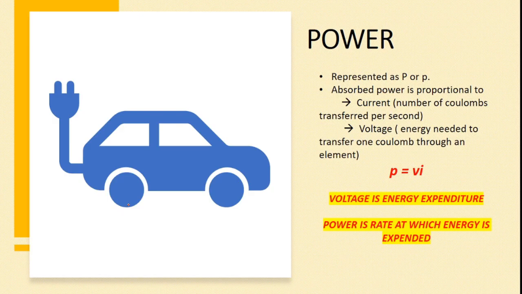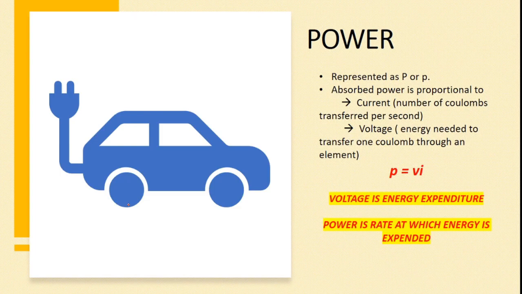Power is the speed or the fastness at which I move. For example, I can say that I'm highly energetic, but how fast I run might turn out to be my power. I have very high energy, but whether I run fast or slow is determined by a term called power.